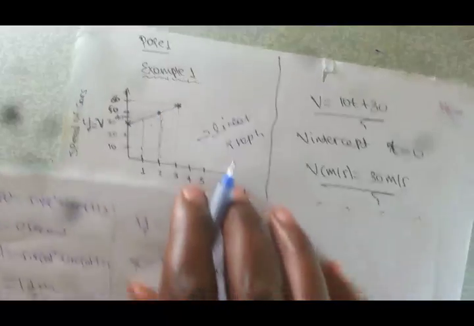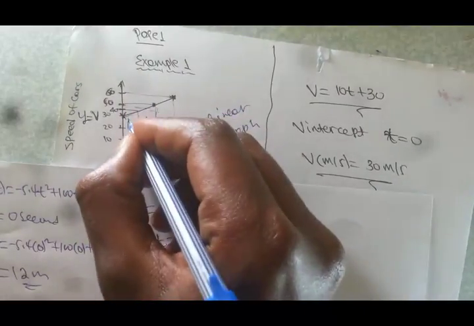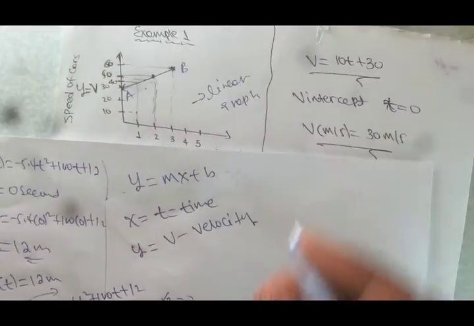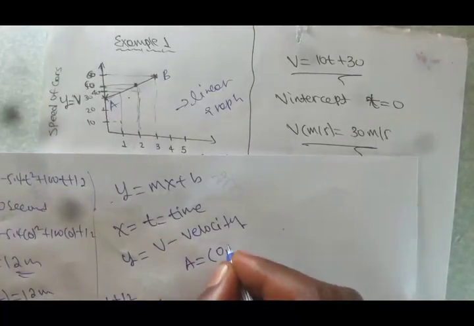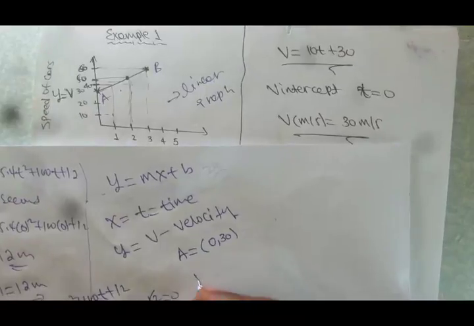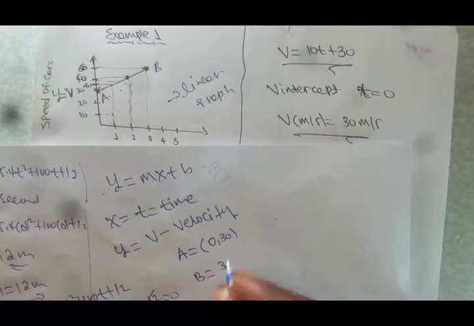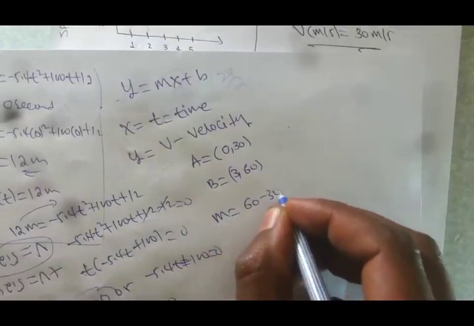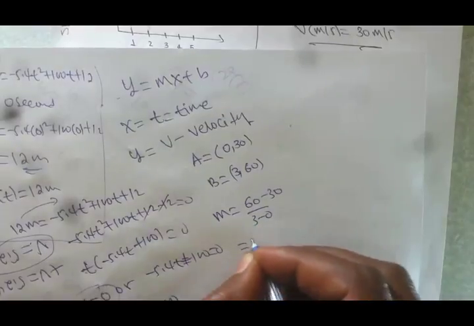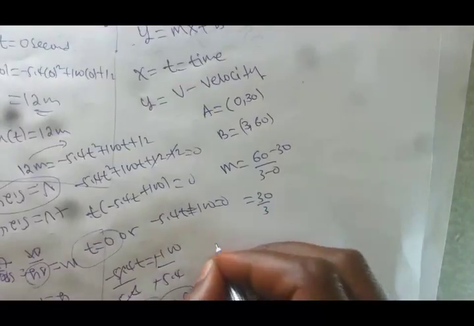Since it is a linear graph, let's take any 2 points you like. Let's say this is point A, this is point B. Point A has a coordinate of 0, 13, and point B has a coordinate of 3, 16. First we have to solve for m, which is given by 16 minus 13 over 3 minus 0, which is equal to 13 over 3, which is 10.